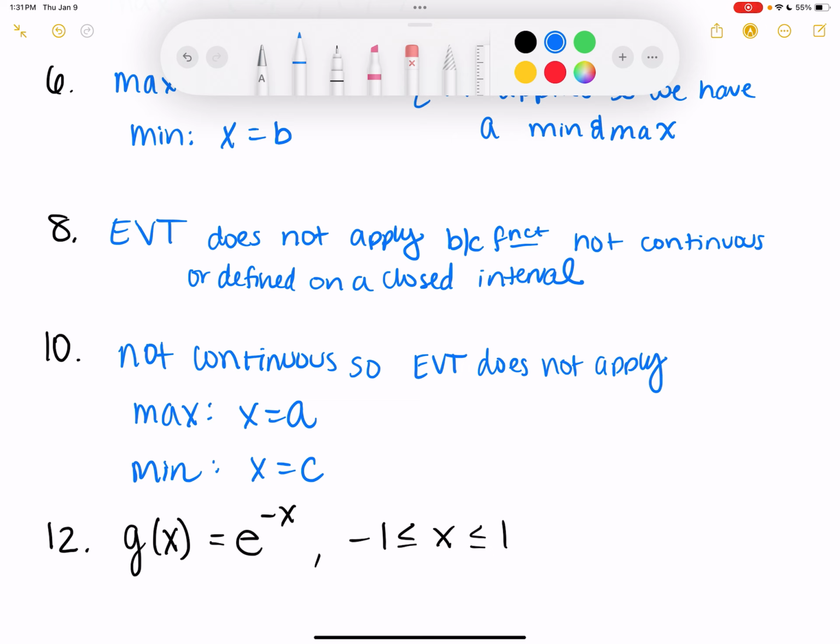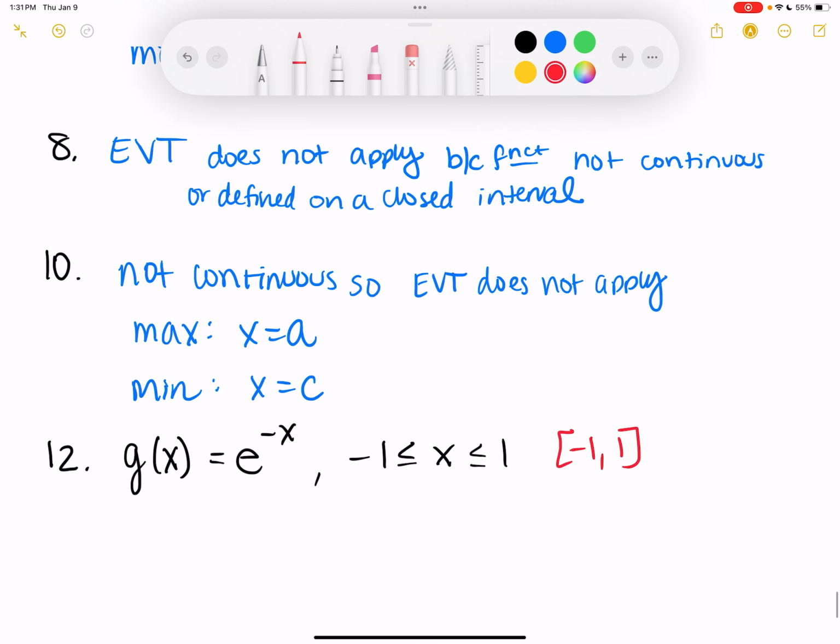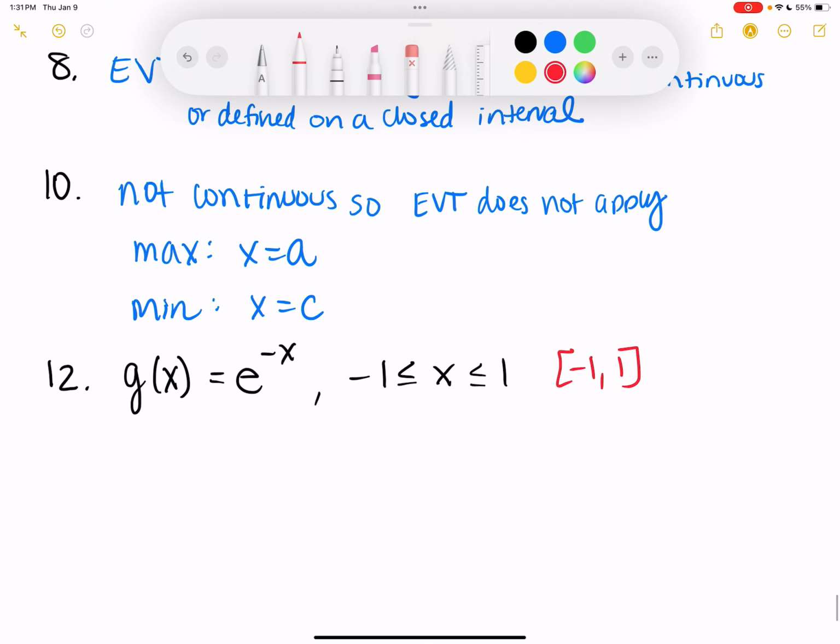This -1 less than or equal to x less than or equal to 1 is just telling us our closed interval from -1 to 1. You don't have to write that, but it might be helpful to see it that way.